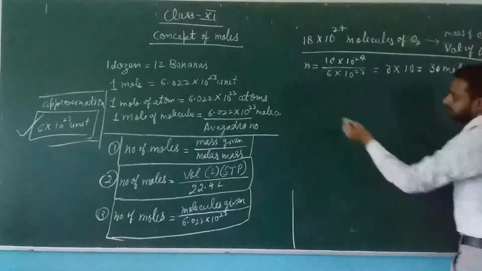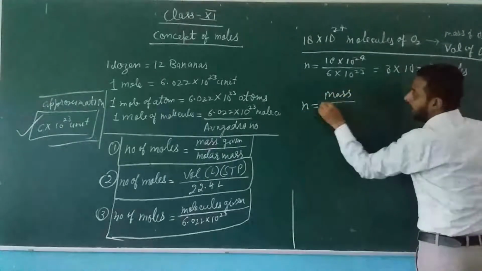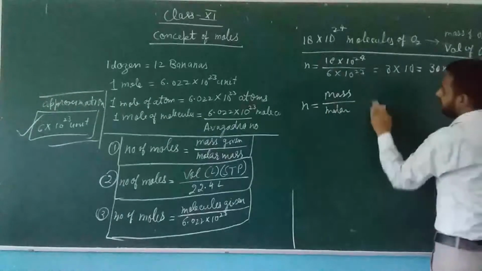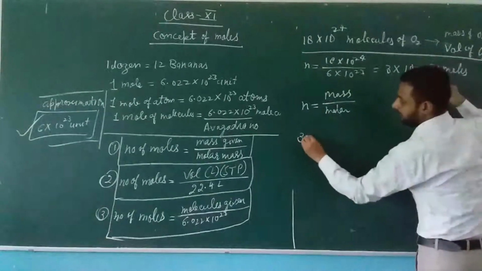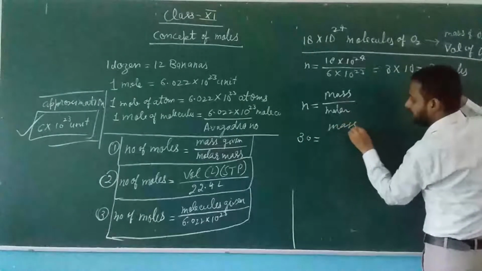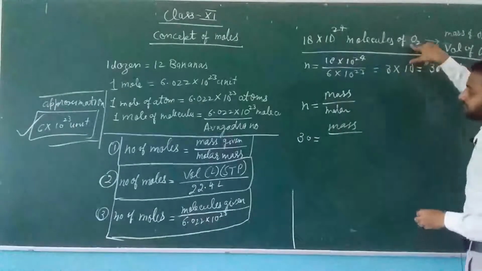The formula is number of moles is equal to mass upon molar mass. Number of moles is given, 30 moles, and now we have to find the mass of oxygen, and the molar mass of oxygen O2 is 32.